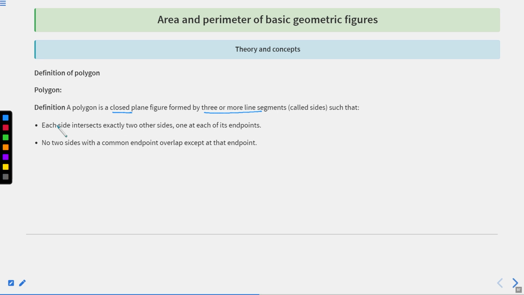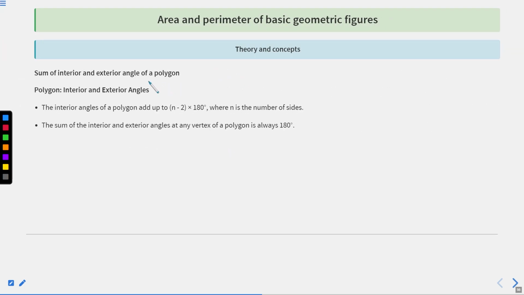Each side intersects exactly two other sides, one at each of its endpoints. No two sides with a common endpoint overlap except at the endpoint. So that is a polygon.